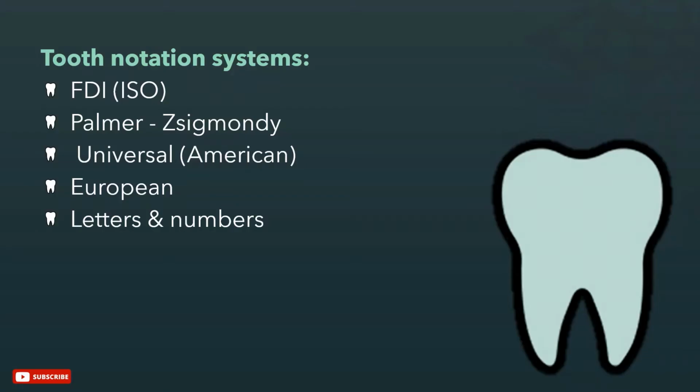The tooth notation systems that are commonly used are the FDI, also known as the ISO system, Palmer-Zsigmondy system, Universal or American system, European system, and letters and numbers, called the alpha and numericals system.